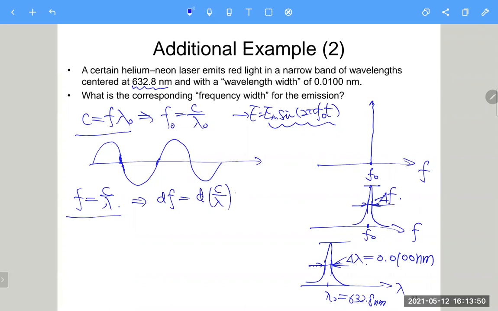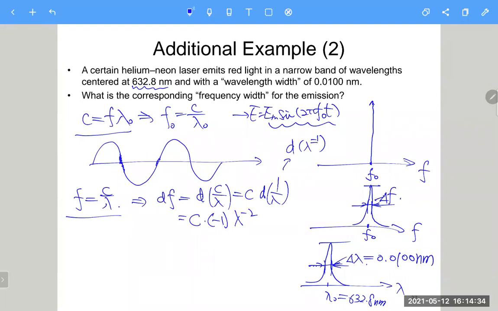And c is a constant, so c can be factored out, and then we have d of 1 over lambda. If we need to take the differential of an inverse function, this is d of lambda to the -1 power. So you can apply the power rule: you multiply by -1, and the power is subtracted by 1, which gives lambda to the -2 power.